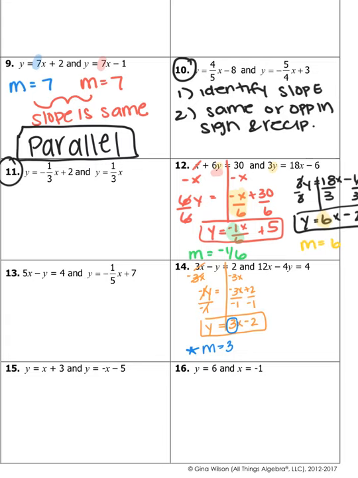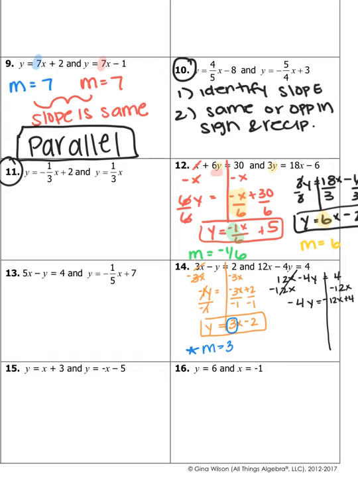All right, let's solve the second equation now to get y by itself. So first thing I'm going to do is subtract 12x and put it on the other side. When I do that, I'm left with negative 4y equals negative 12x plus 4.